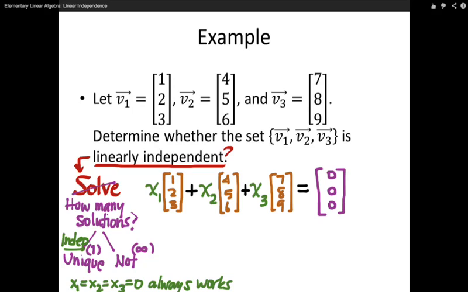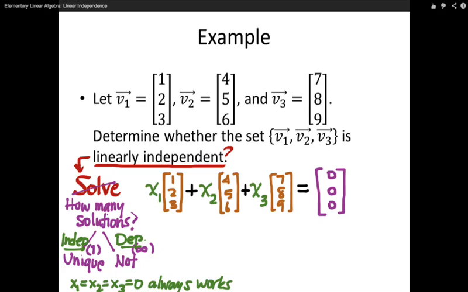x3 equals 0 works. If the solution is not unique, then that must mean that there is some other set of numbers, x1, x2, x3, that make this linear combination equal to 0. And therefore, we would not have linear independence. So if we solve this system and find out that there's one and only one solution, then the set of vectors is linearly independent.